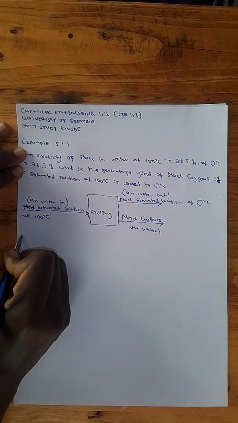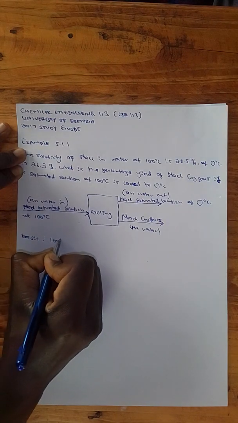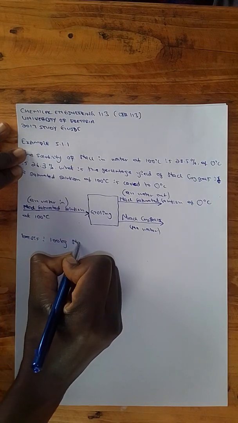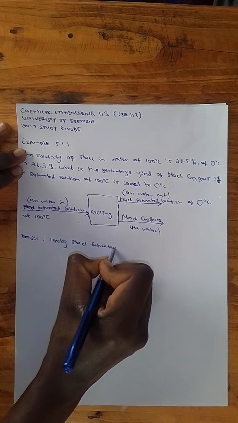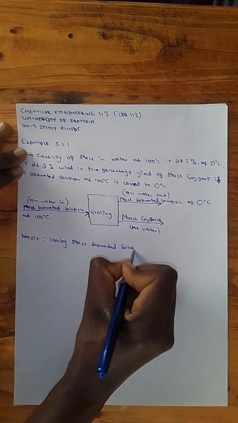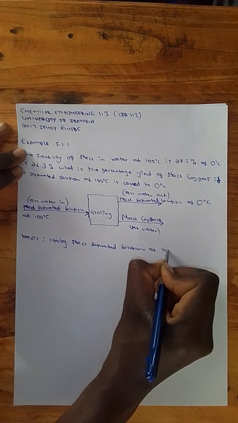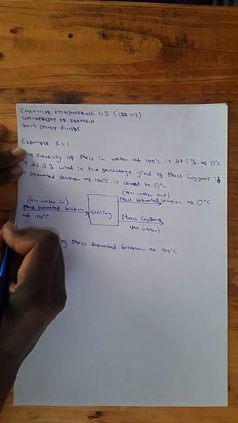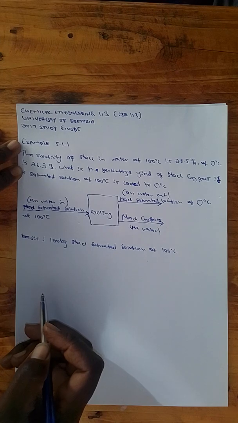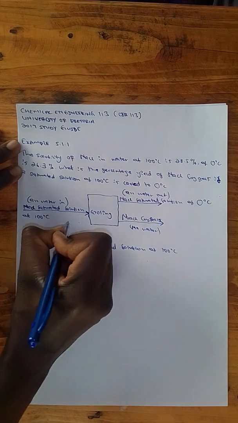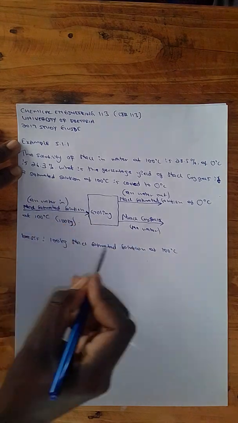So we can just choose 100 kilograms of NaCl saturated solution at 100 degrees Celsius. At 100 degrees Celsius, this is the solution. So it's 100 kilograms. That's our basis.